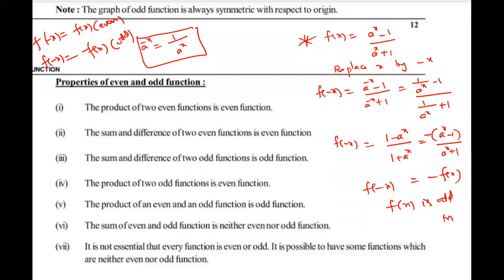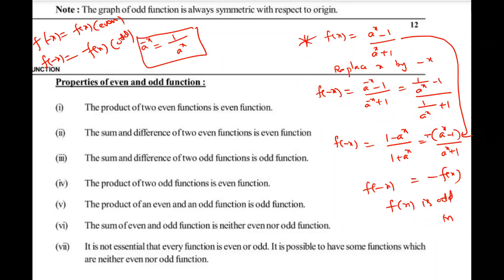See carefully. Take minus as a common factor from the numerator.